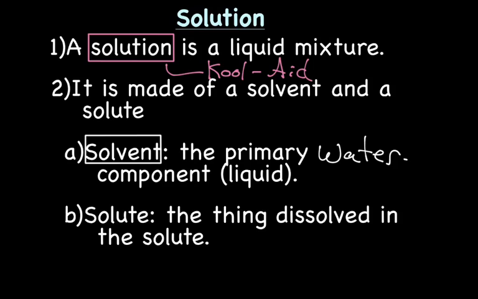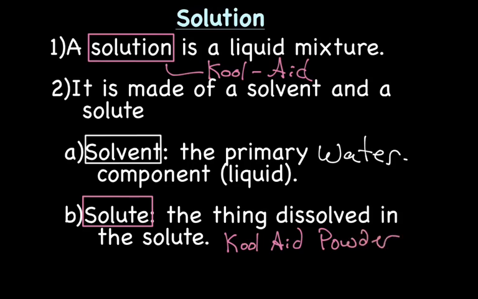Our solute is the thing being dissolved in water, and making Kool-Aid, we probably have two solutes: the Kool-Aid powder and sugar. When I dump my two solutes into water, my solvent, and mix them up, I get a liquid mixture known as a solution.